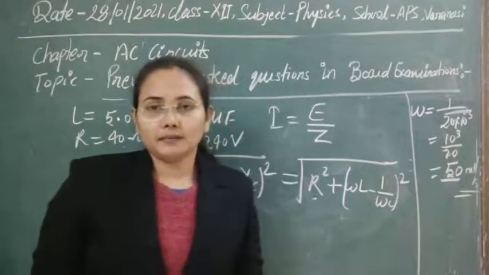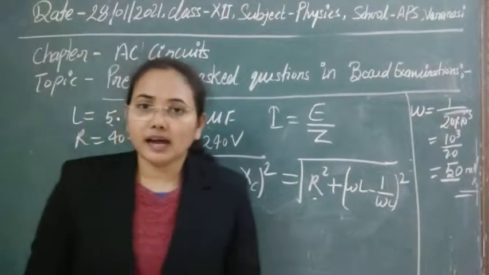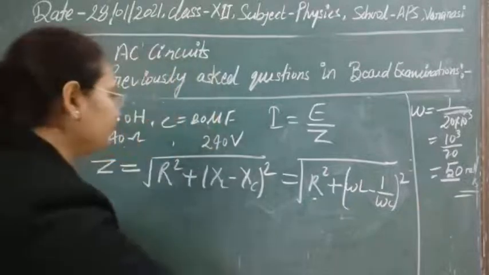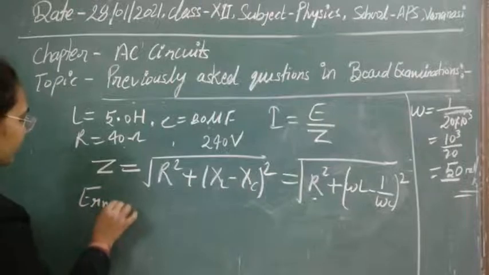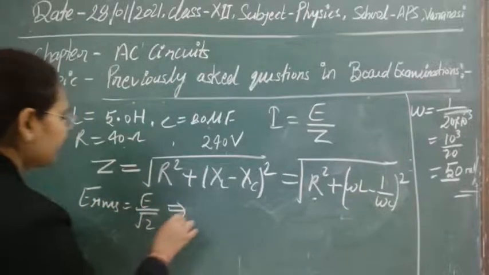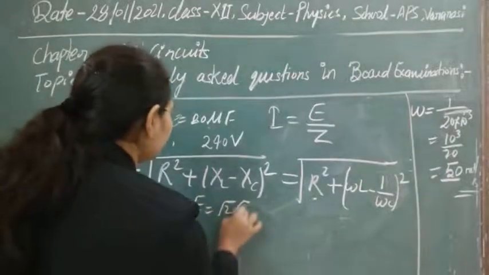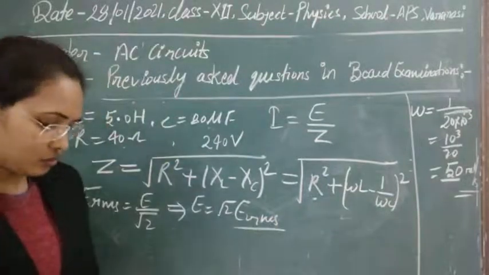That is the RMS voltage given. So obviously, with the help of the concept of RMS voltage, you can calculate the peak value of voltage. So E = √2 × E_RMS, and the value of E_RMS is 240 volt.